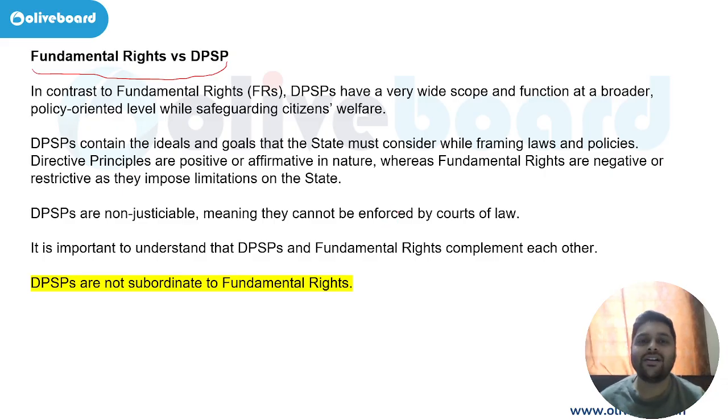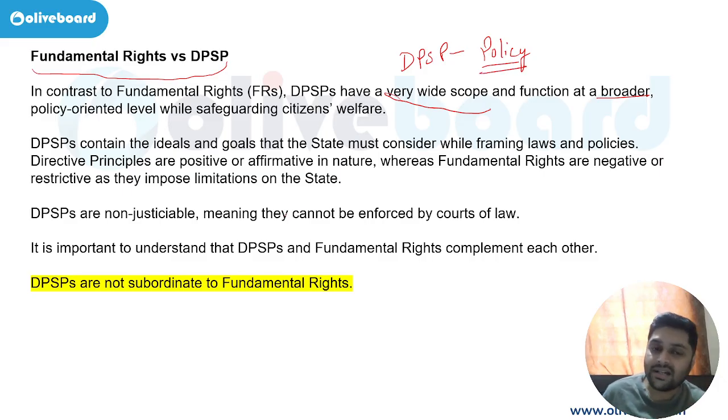In contrast to fundamental rights, DPSPs have a very wide scope. They function at a broader policy-oriented level while safeguarding citizens' welfare. So DPSPs are dealing with public policies. But fundamental rights deal with our rights, our claims against the government.